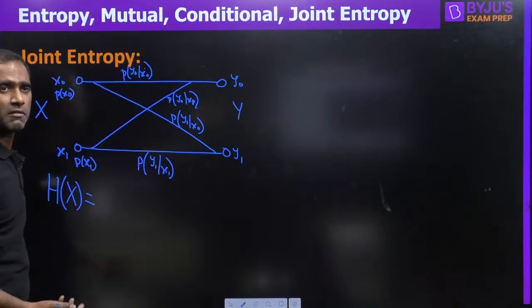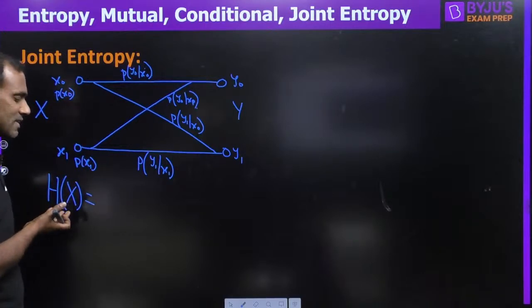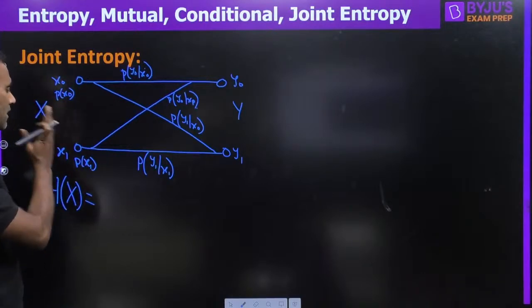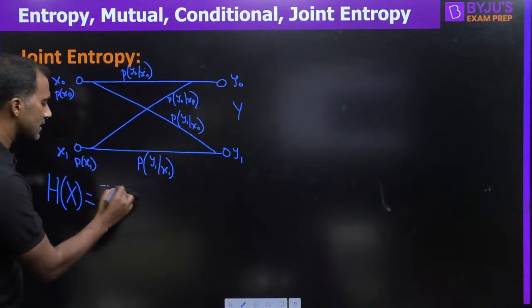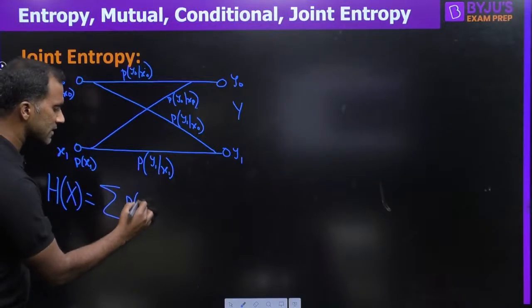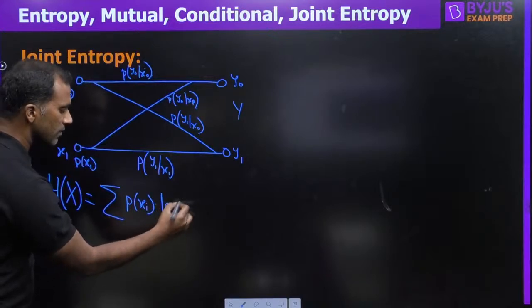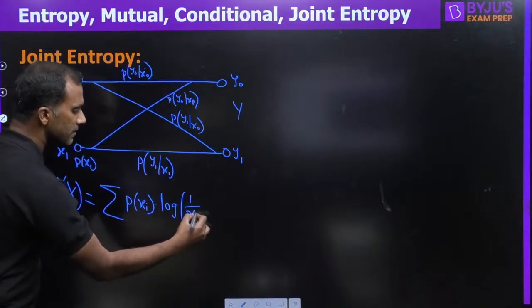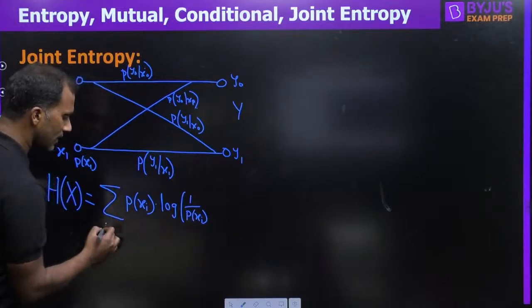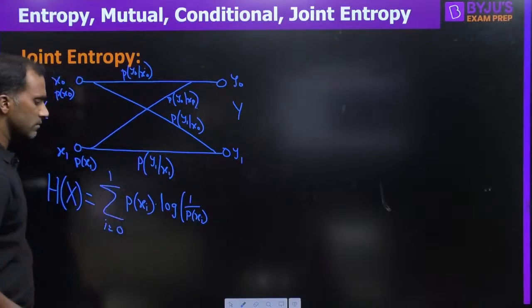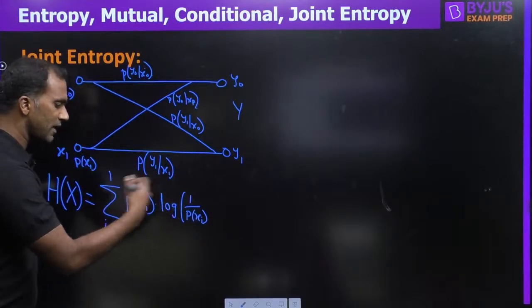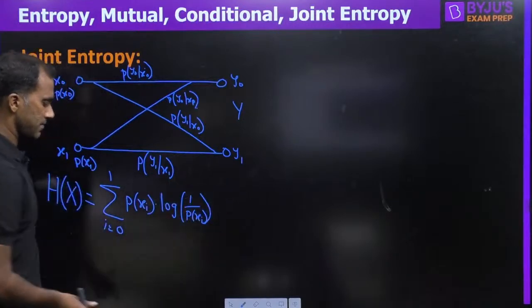Whatever we have discussed in the previous slides, it's exactly the same. We are talking about entropy of one random variable, which is very simple, and that is sigma p of xi into logarithm of 1 by p of xi, where i runs from 0 to 1. For i equal to 0 and for i equal to 1, there will be two terms.